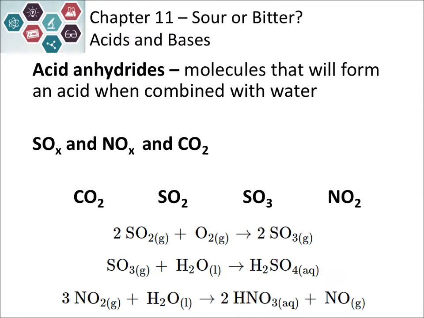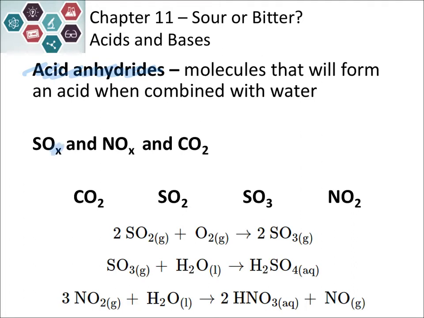Now if you introduce some kind of pollutant, that can drop the pH even lower, and then we're making acid rain. What we have in the atmosphere as well are what we call acid anhydrides. Acid anhydrides are molecules that will form an acid when they combine with water. By themselves, they are not acid, but if they come into contact with water, they will react and form an acid.